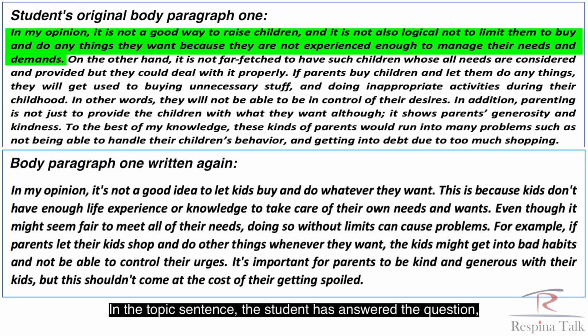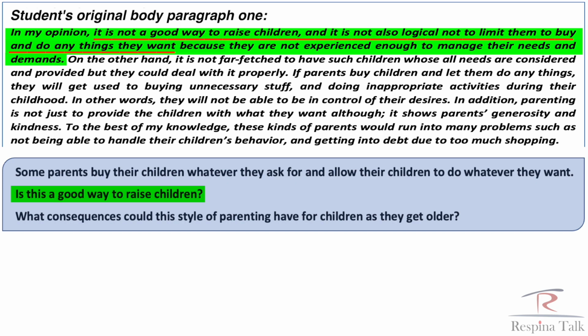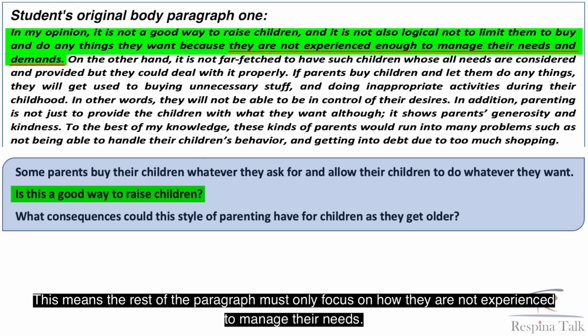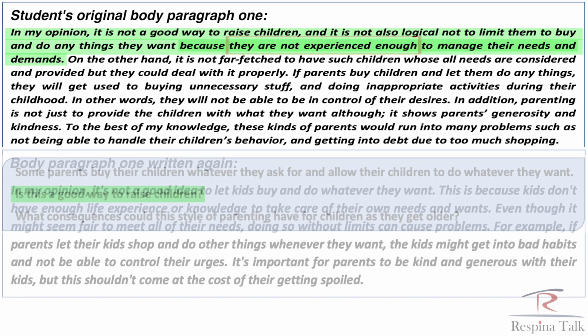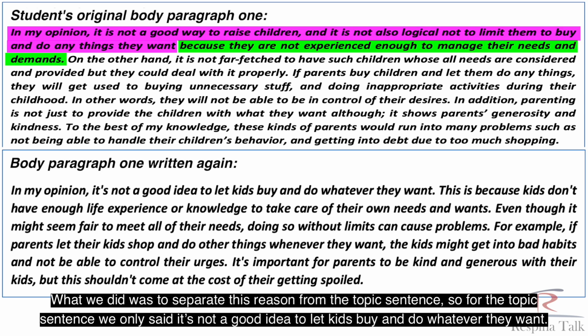In the topic sentence, the student has answered the question and given a reason by saying children are not experienced for managing their needs. This means the rest of the paragraph must only focus on how they are not experienced to manage their needs. What we did was to separate this reason from the topic sentence.